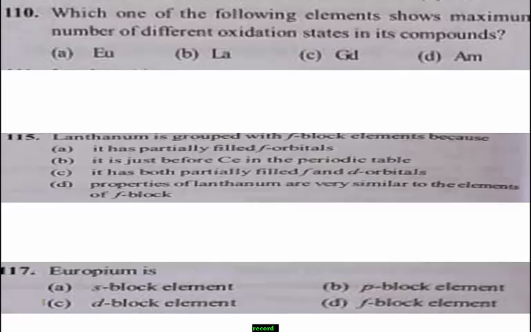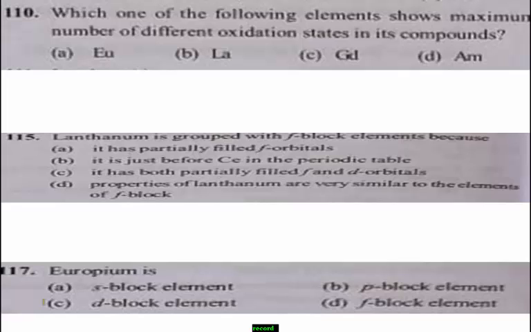Option B, La. Option C, Gd, means gadolinium. Option D, Am, means americium.